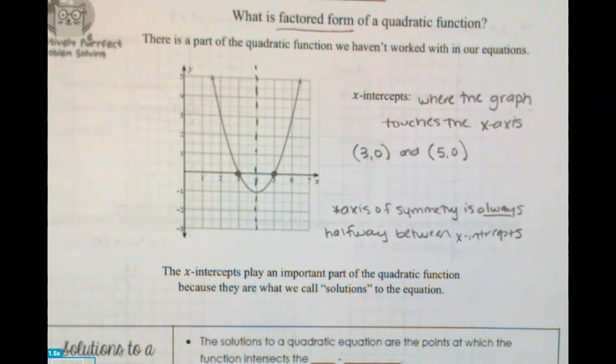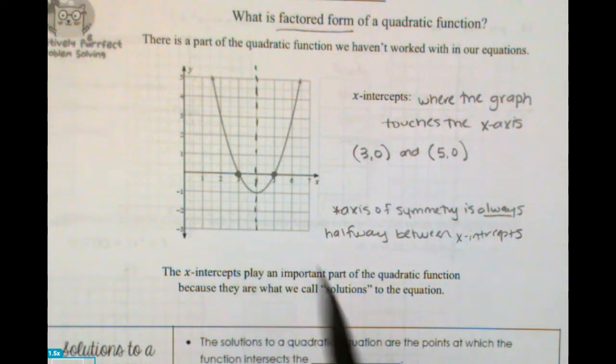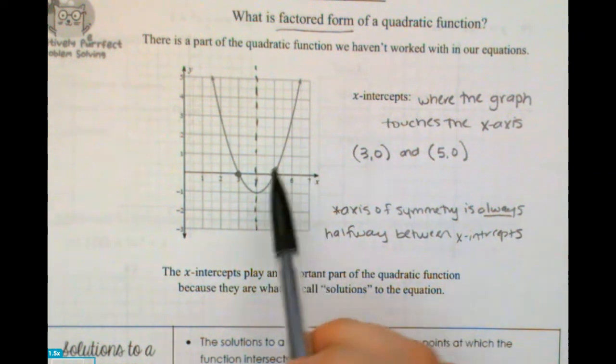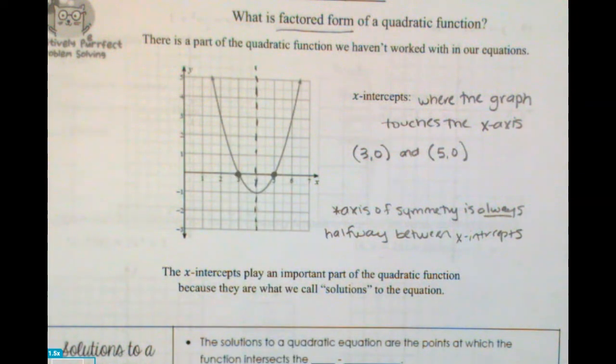So that invisible line that cuts to the vertex will always be halfway between. Notice that it's 1 unit from the axis of symmetry to each of those x-intercepts.